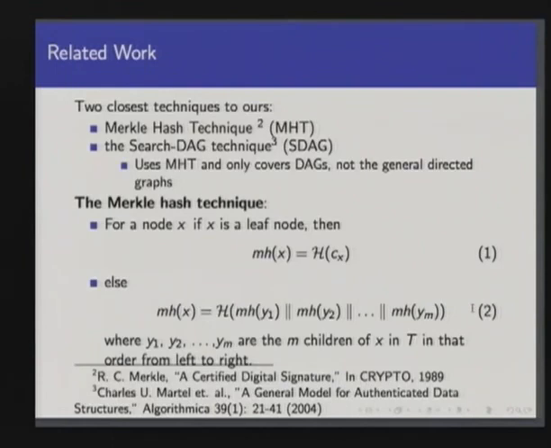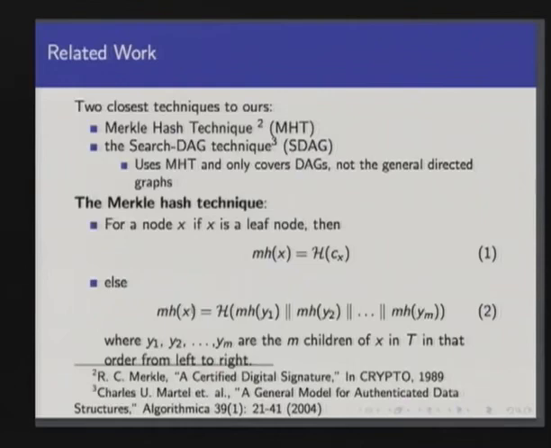So what is the Merkle hash technique? A Merkle hash is a bottom-up mechanism to compute the hash or digital signature value of a tree. If we have a node X, and X is a leaf node, the Merkle hash of that node is computed as the hash of the content of the value in the leaf node.